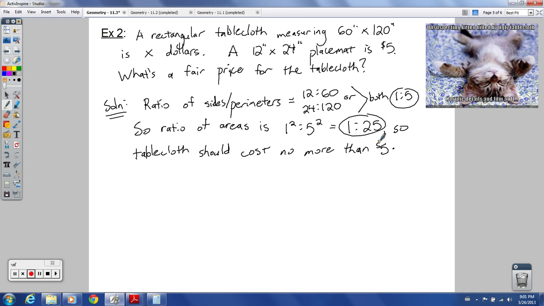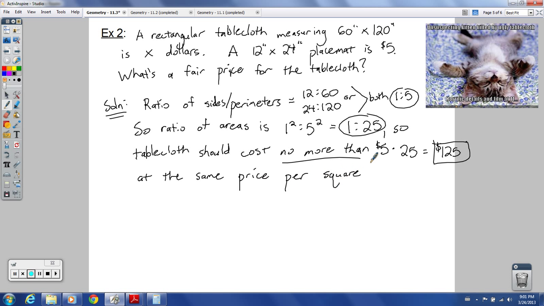It's 25 times bigger, and the placemat cost $5, so it should not be any more than $125. So I would say no more than $125 at the same price per square inch.